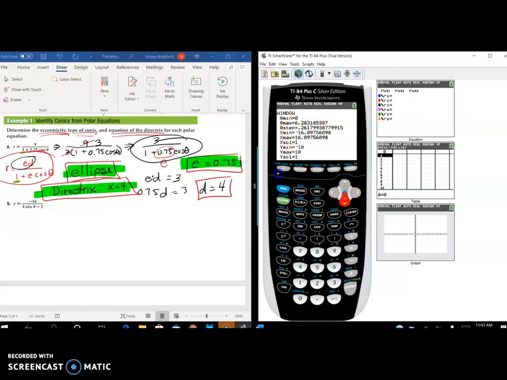We'll go down to our x. So again, let's take our steps because this is going from 0 to 2 pi. Let's go pi over 12, which will get us all of our values that we want. Hit the right button, pi divided by 12.